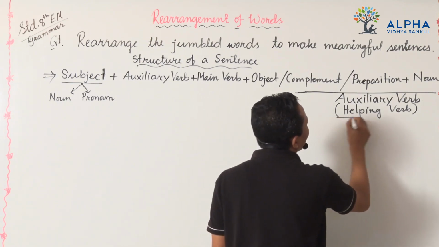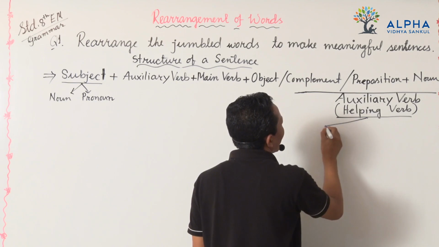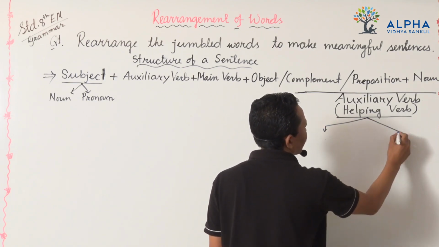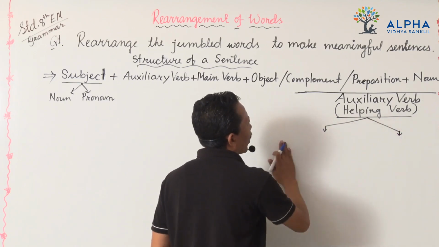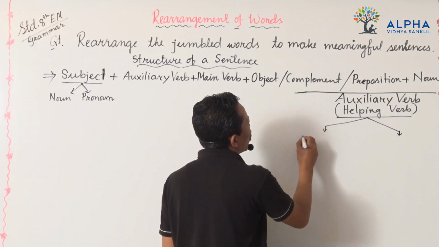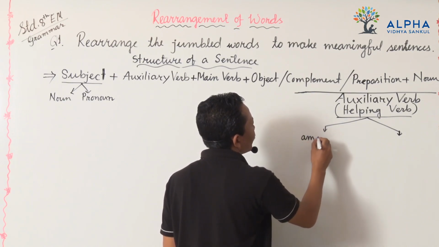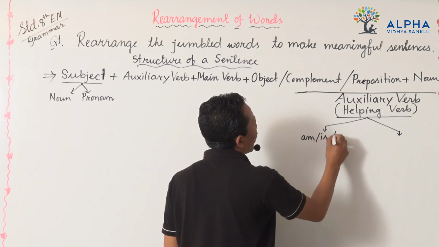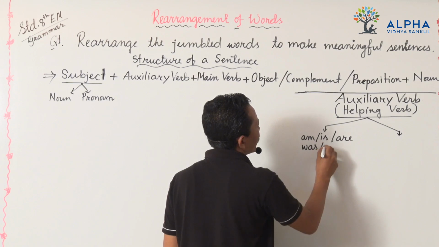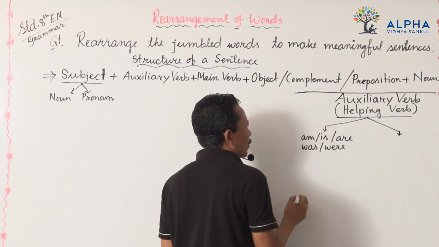It has two types. The one is the be verb: am, is, are, was, were.